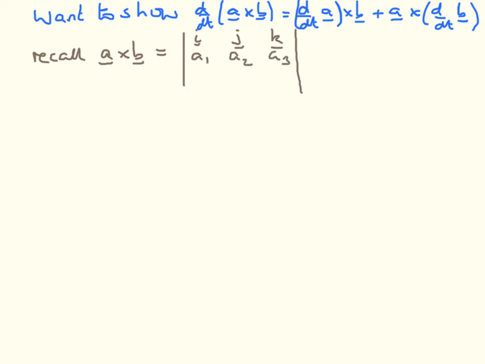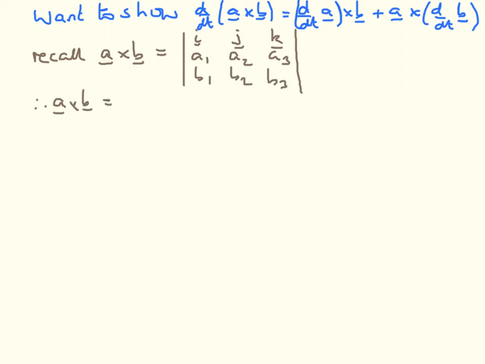So this is telling you that my way of writing the vector A is A1I plus A2J plus A3K. And then in the bottom row we write B1, B2, B3.